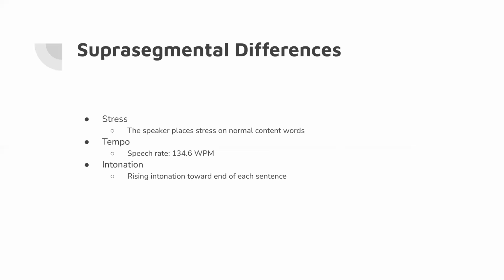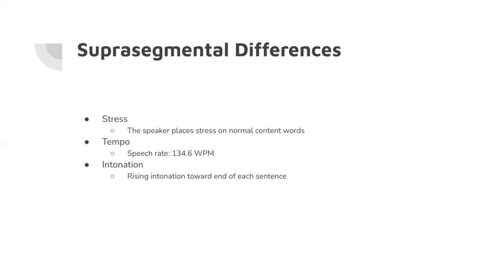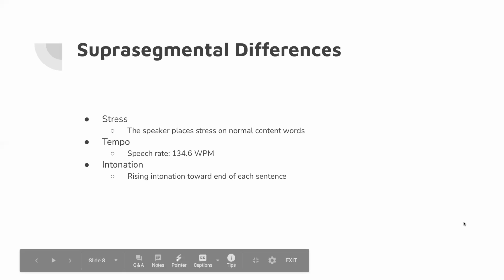But we figured that since the speaker's native language is not English, it makes sense that he reads it a little bit slower than a person who speaks English natively. And then intonation, we noticed that there was a rising intonation towards the end of each sentence, which also shows that he probably lacks a little bit of confidence in speaking English as well.